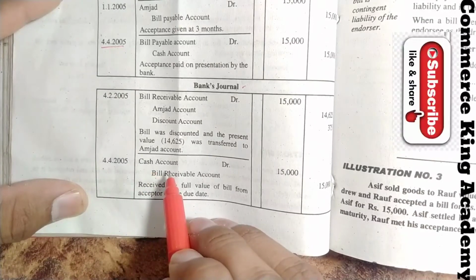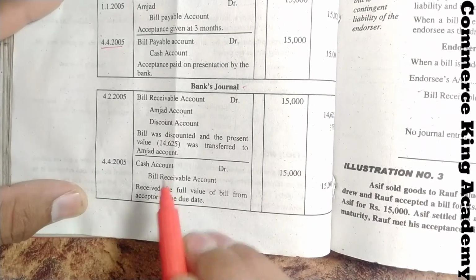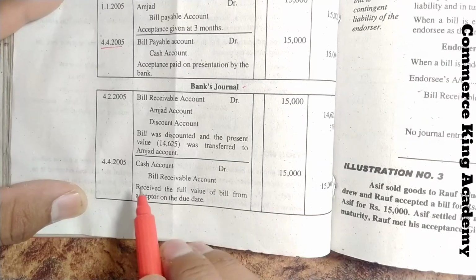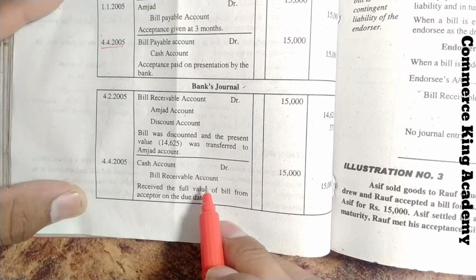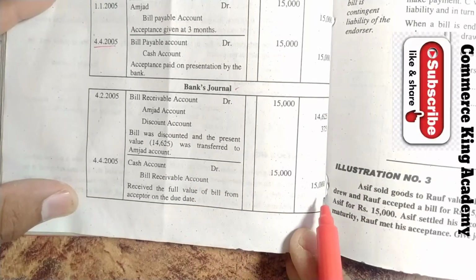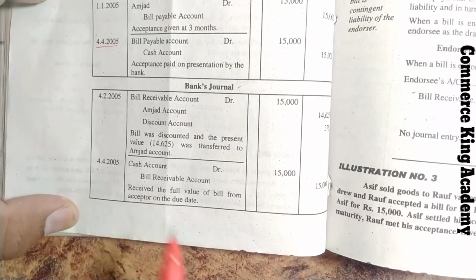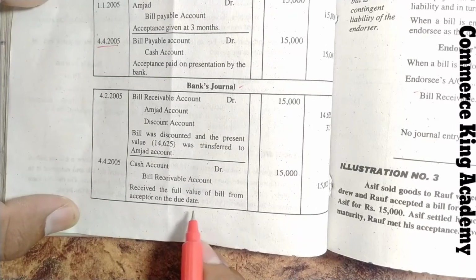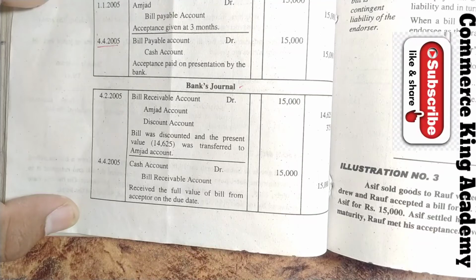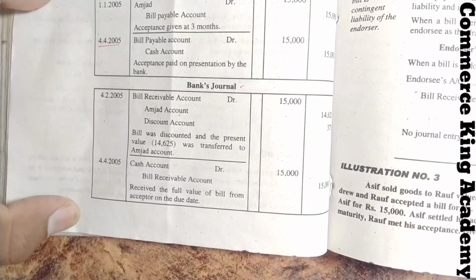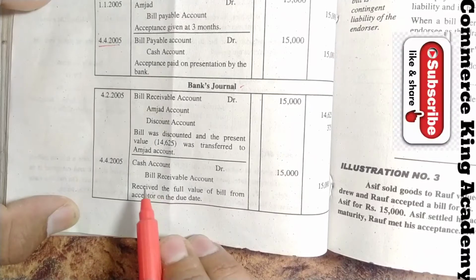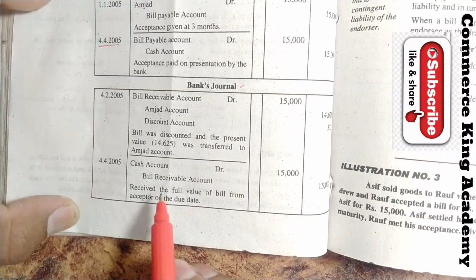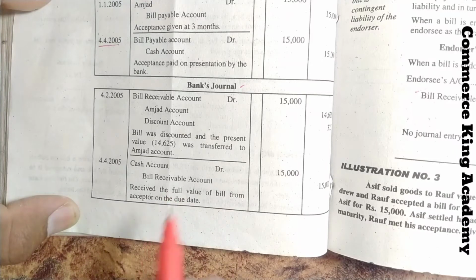Cash account is debited here in the books of the bank, amounting to 15,000, and bills receivable account is credited with the same amount 15,000, with details or description: received the full value of a bill from acceptor on due or maturity date. One thing you must keep in mind about this entry: the bank will receive the full amount, the face value of the bill of exchange.